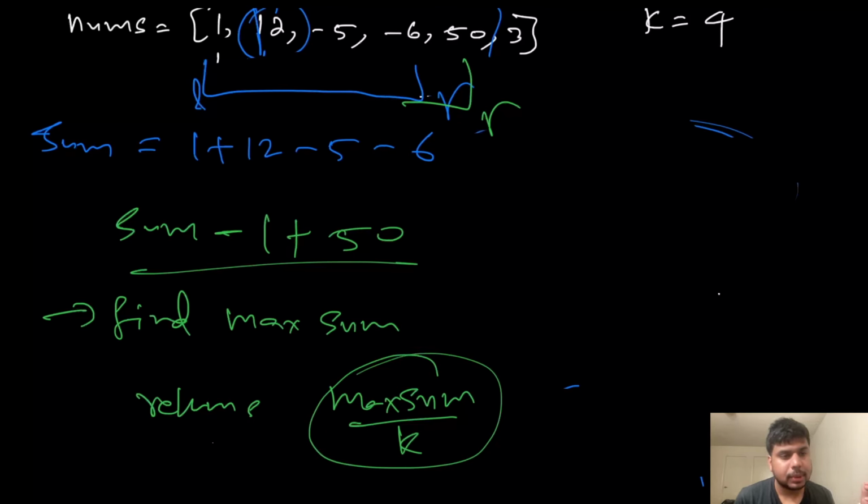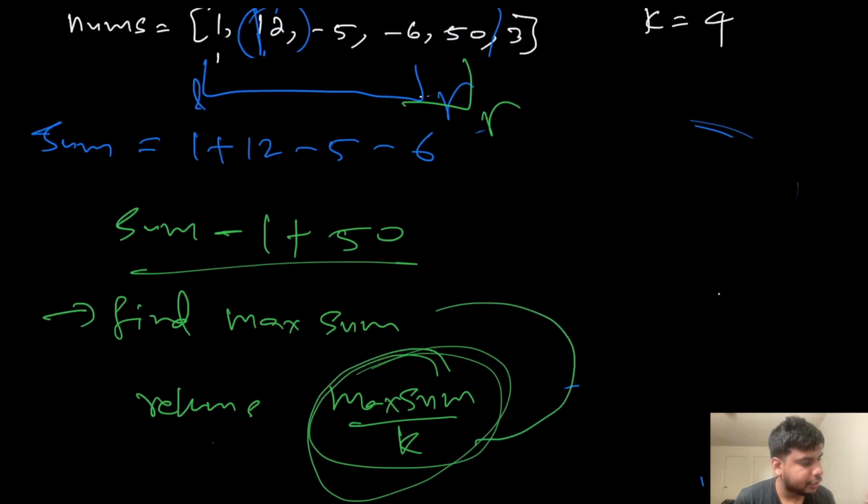Why does this work? Because instead of finding the average at every point, you just do it for the sum, and then only while returning you divide by k, because it's essentially the same. Most of you who have done math in elementary school will just know this, because it doesn't matter.